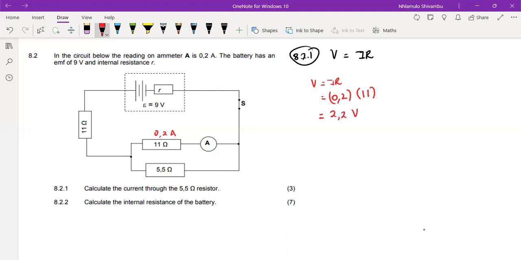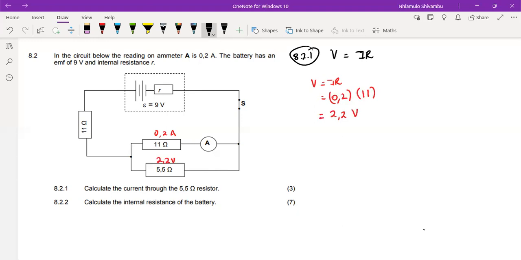We must not forget that this is the voltage across the 11 ohm resistor. But because of the parallel connection, the voltage across the 5.5 ohm resistor will also be 2.2 volts, because voltage is the same. So now we will be able to calculate the current in the 5.5 ohm resistor.